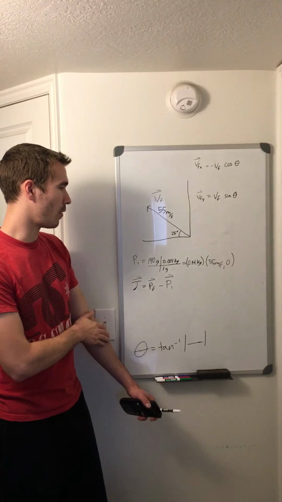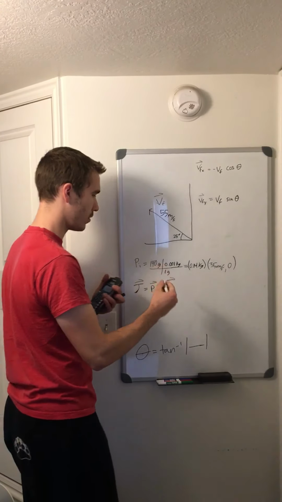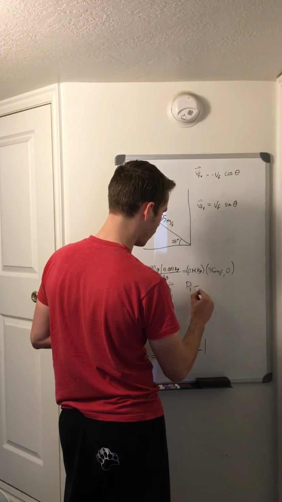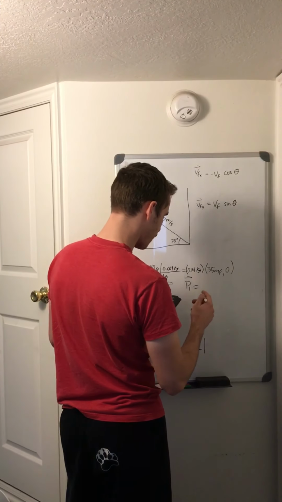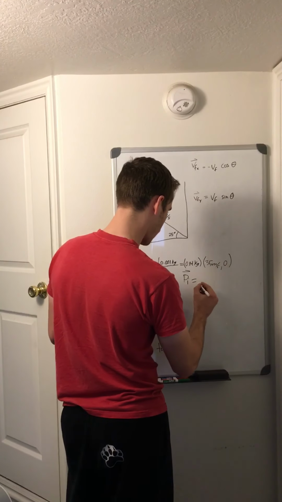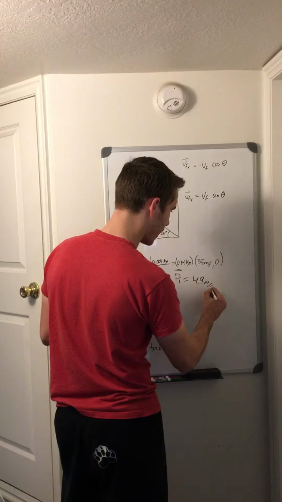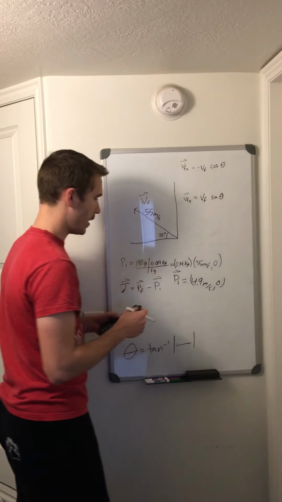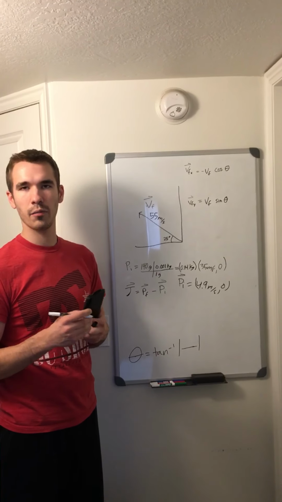At this point, all we need to do is times that together, and we should get for our P initial in vector notation 4.9 kilogram meters per second, and then still 0.